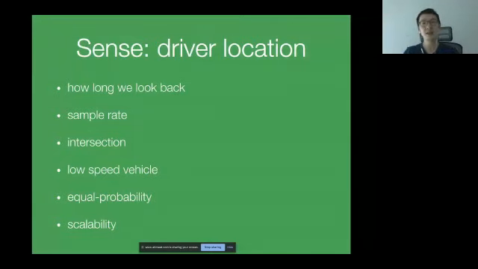We can collect every 1 second, every 5 seconds, every 1 minute. So how different sample rates will impact our accuracy, we also need to experiment on. And we also face a lot of challenges when the driver is at very low speed, or the driver stops in front of an intersection, where the GPS has a higher probability to jump.